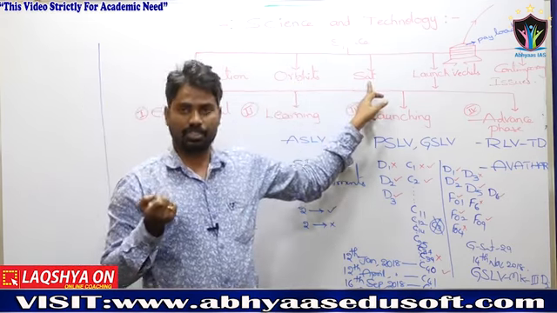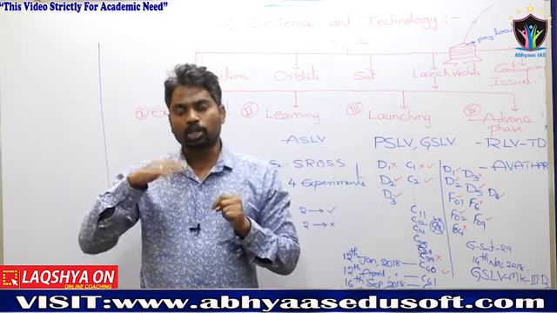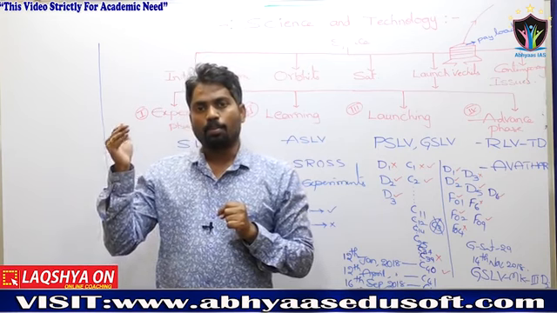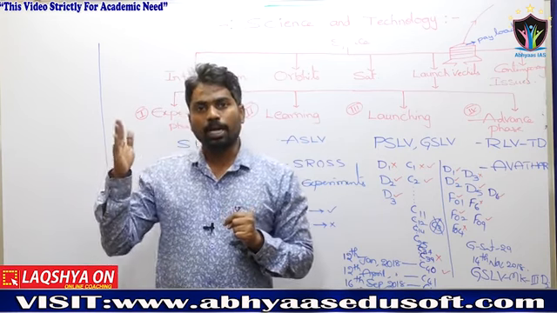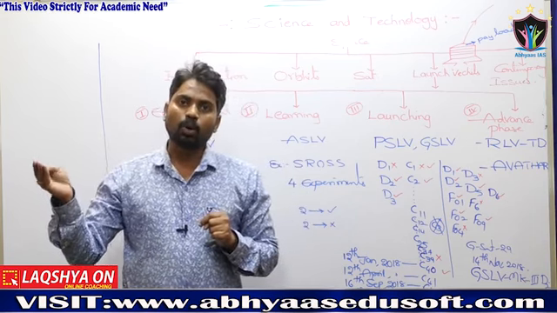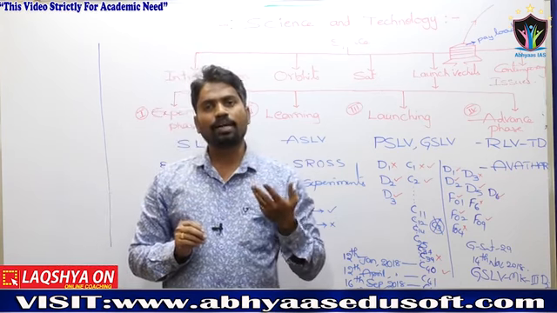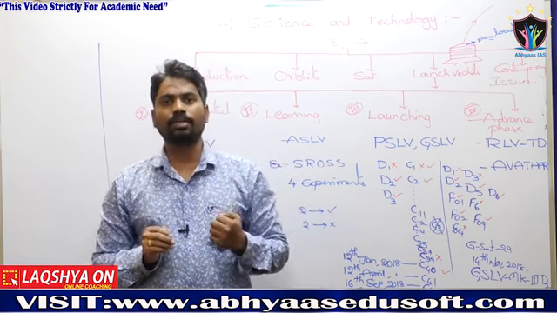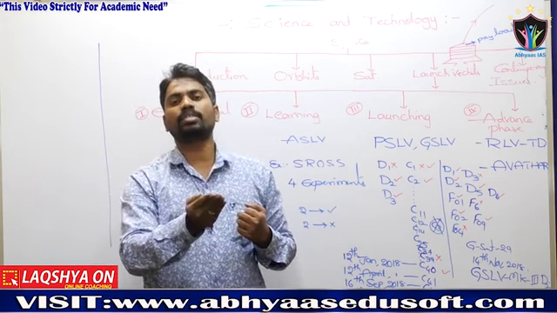Next, satellites. The classification of satellites based upon weight: micro and macro. The micro satellites are once again classified into pico, nano, micro. The macro satellites are classified into mini, medium, heavy satellites.